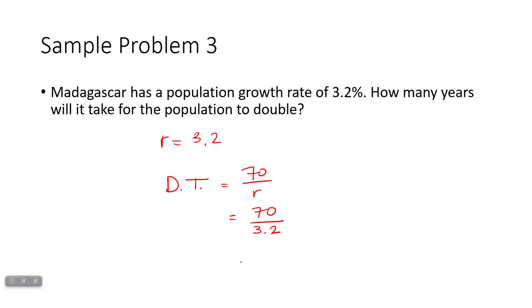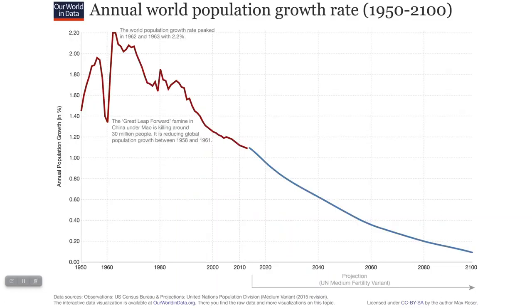And that will be 21.9 years. So what that means is that every 21.9 years, if the population growth rate of Madagascar stays the same, the population will double. And that is a frequently asked calculation, so yes, you definitely have to memorize this equation.